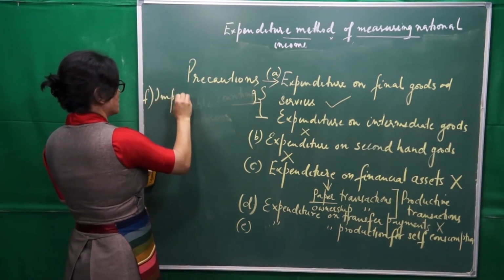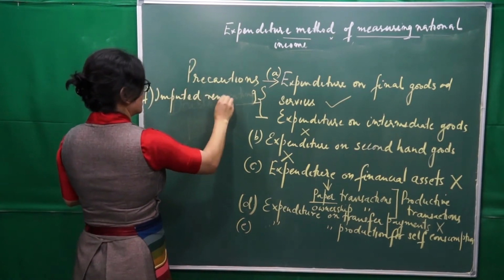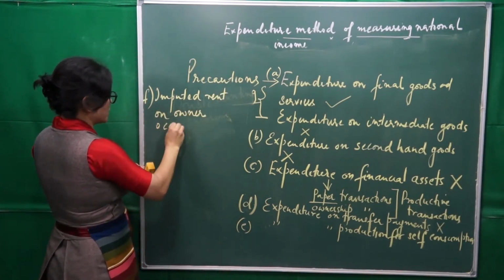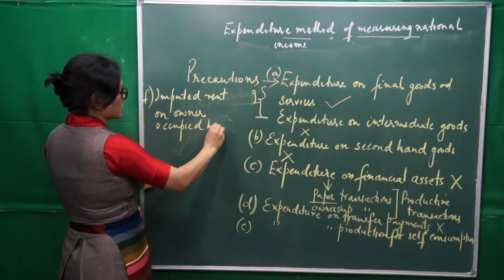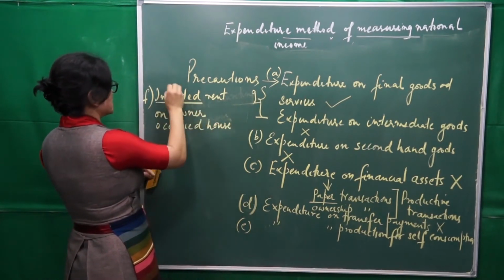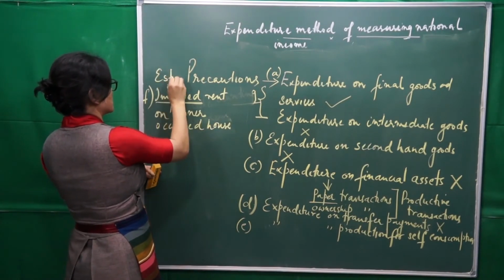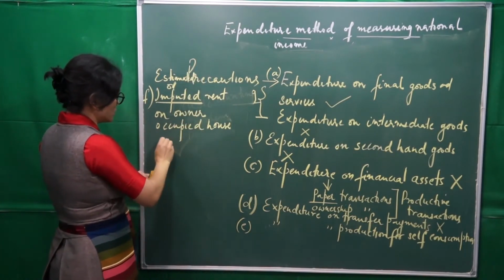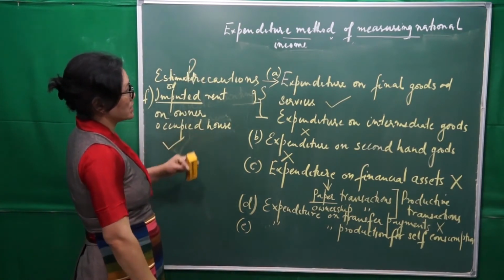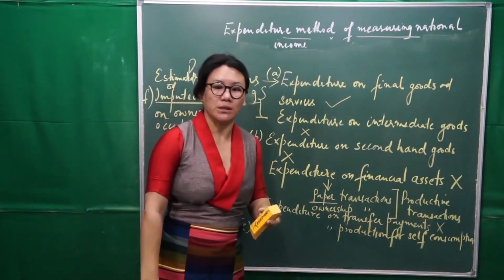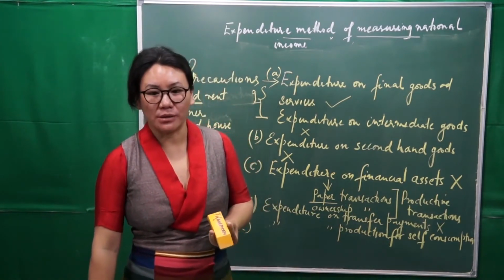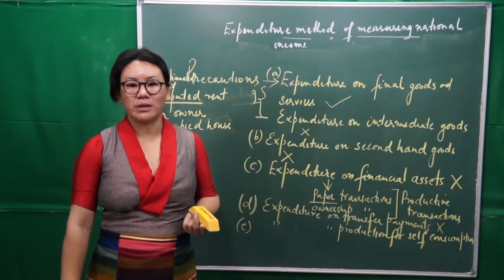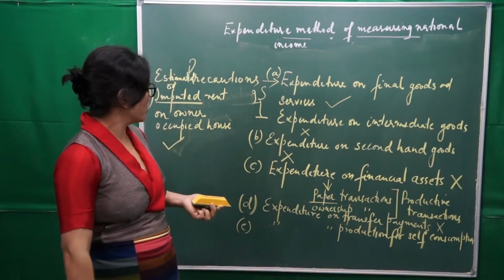Okay. Then we have imputed rent on owner-occupied house. Imputed, estimated. It is estimated. Rent on owner-occupied house is included in this method. Now see here, in this house, the owner is using the house for self.